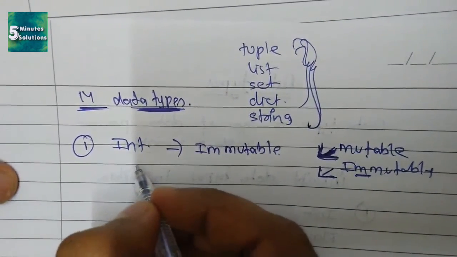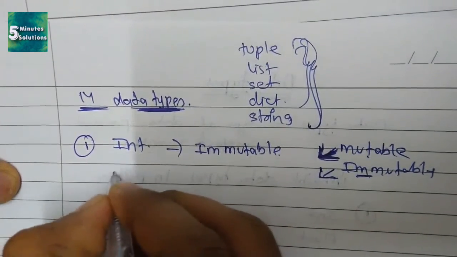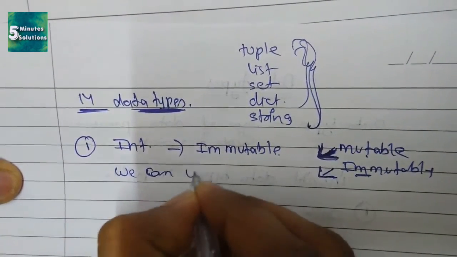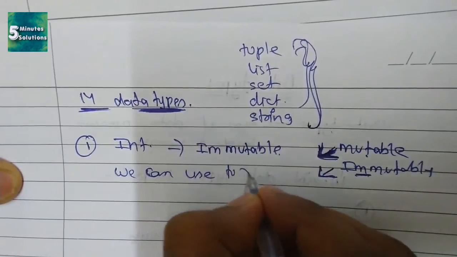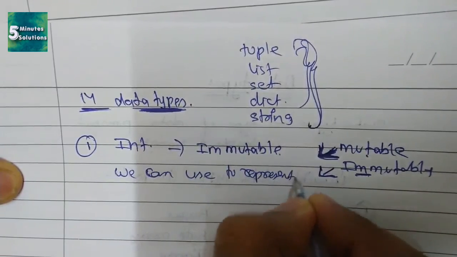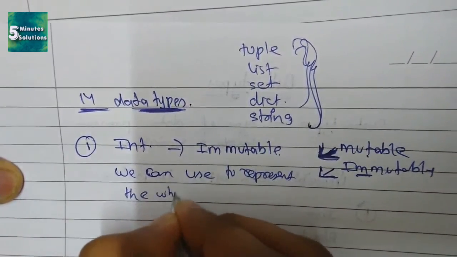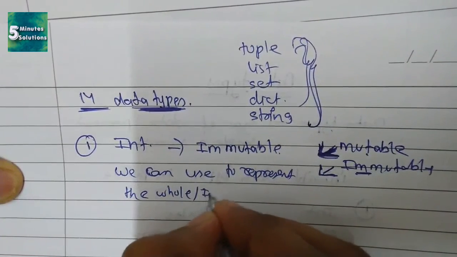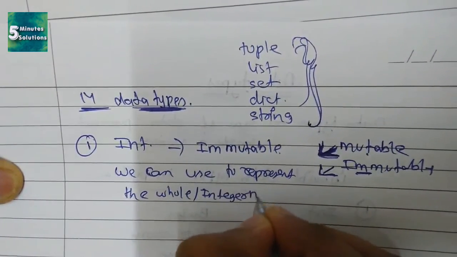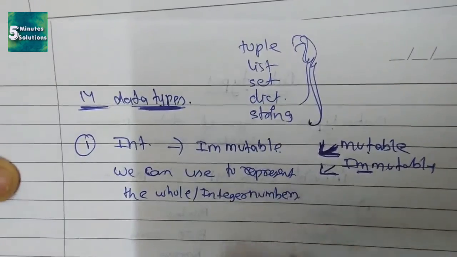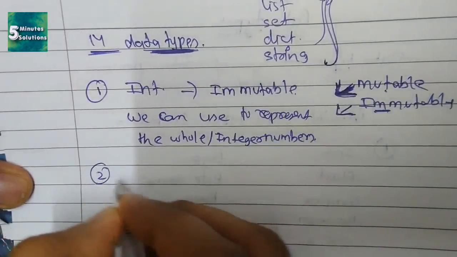Int is immutable, and we can use int to represent whole numbers or integer numbers. Second one, float.